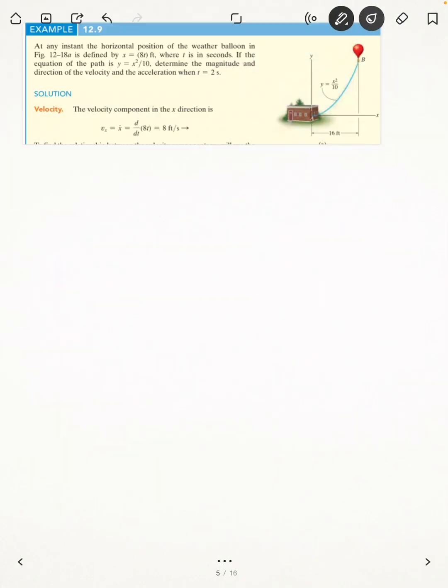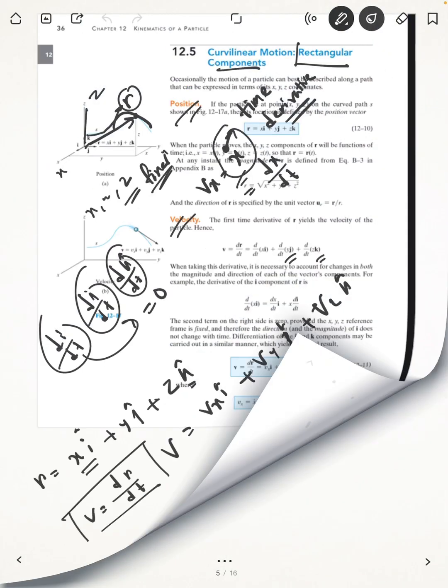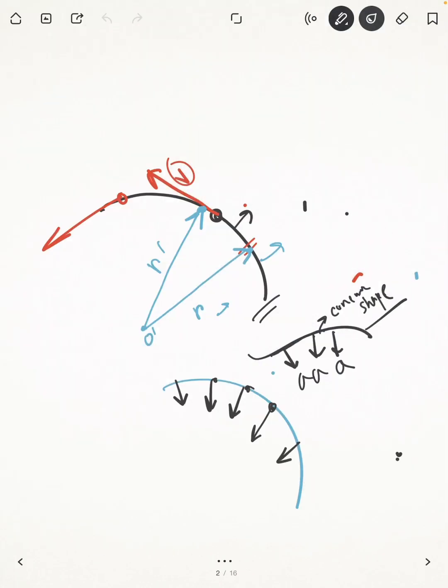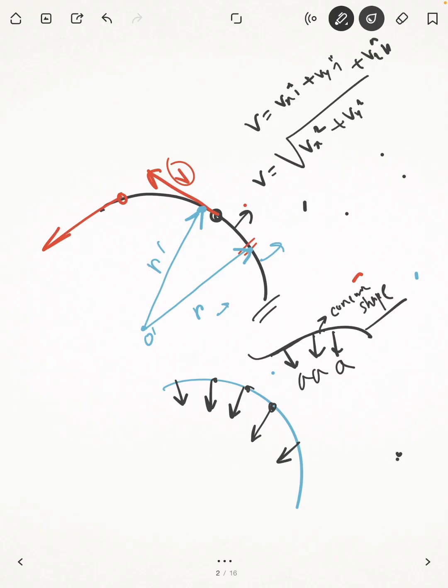Now if I go to the next slide, there is also acceleration. So our v was vx i cap plus vy j cap plus vz k cap. And what should be the magnitude of this vector? The magnitude v would be, as you know, root over vx square plus vy square plus vz square.